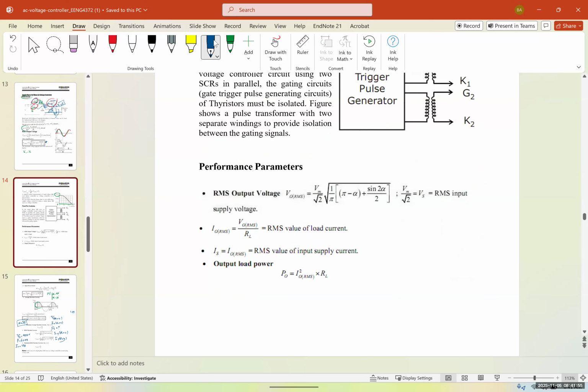And the output power, P out, is going to be I square RMS times RL.